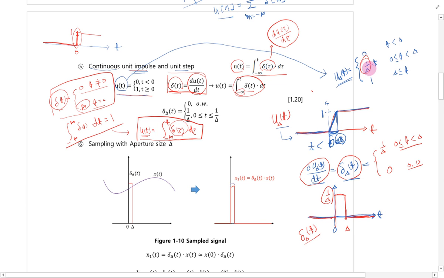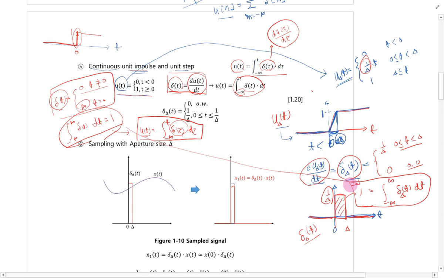You can think about, obviously, this area equals 1. So delta times 1 over delta gives 1. It can be expressed this way: the integral from minus infinity to infinity of delta(t) dt should satisfy these conditions. Okay, that's this one. This condition is satisfied here.